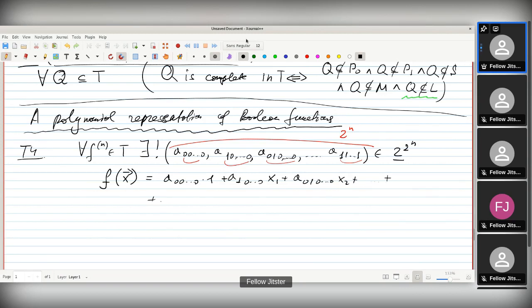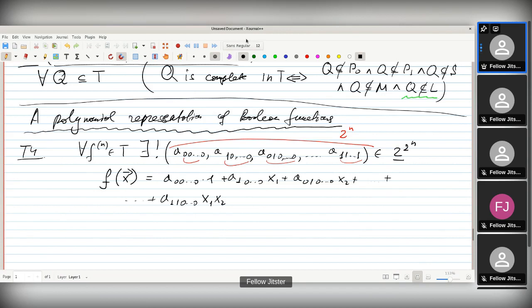So what is the principle of naming these coefficients? Look, I will put unities here at the positions corresponding to the number of variables I take.